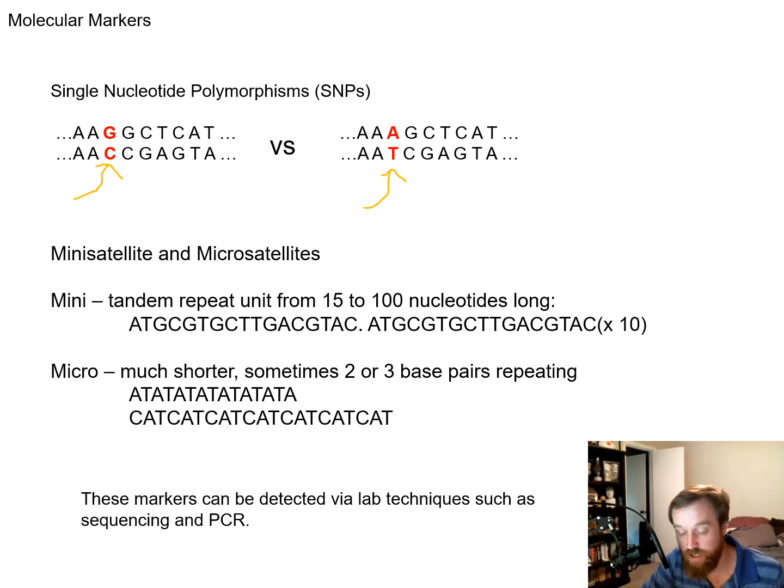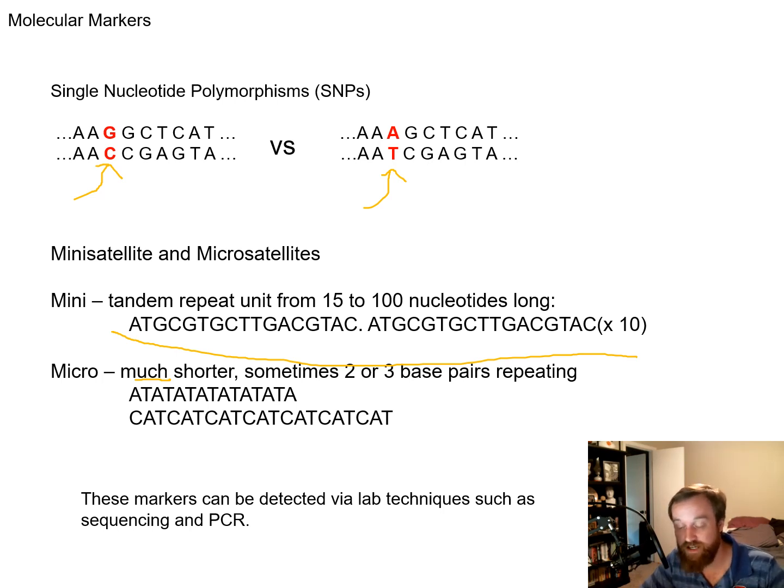Another type of molecular marker is a minisatellite or a microsatellite. Minisatellites are repeated sequences that are usually 15 to 100 nucleotides long. I have here an example where the sequence is repeated 10 times, so that's a copy number variant.